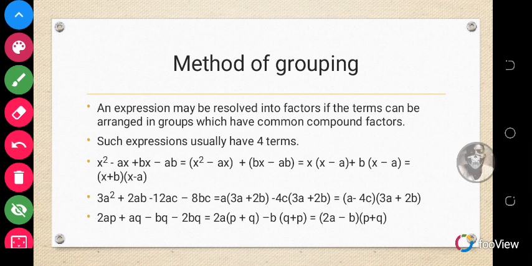Let's look at another example. We have 3a plus 2ab minus 12 minus 8bc. So you can again group them. You can group them and then group this side.